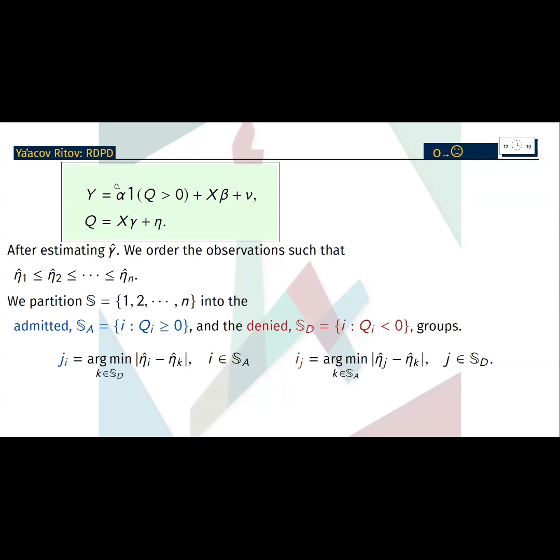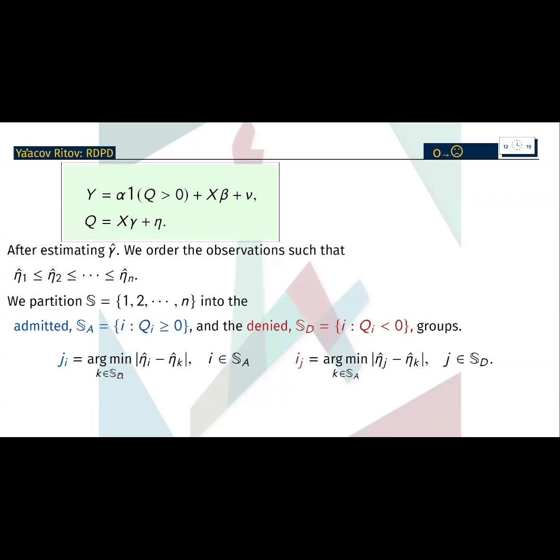So I'm looking again at the same two equations, estimate gamma, and have my residuals from the second line. I partition the group of students, or group of subjects, into those who are admitted and denied, below and above the threshold. All students are in one of these two sets, and now I match.